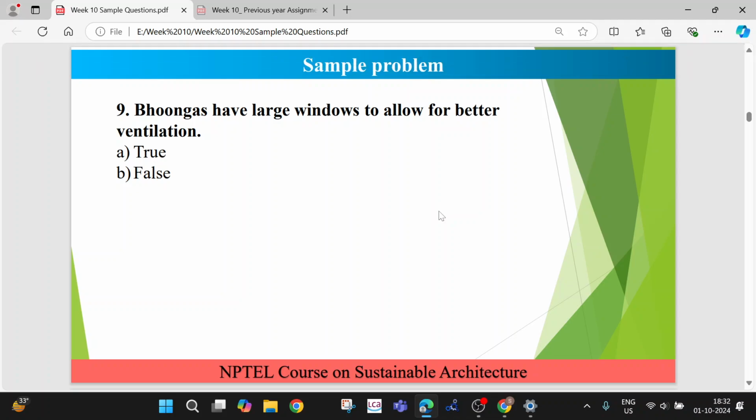You can understand directly whether large windows are preferred in cold climate conditions or hotter climate conditions. Because bungas are in Rajasthan, they are in hotter climate conditions.